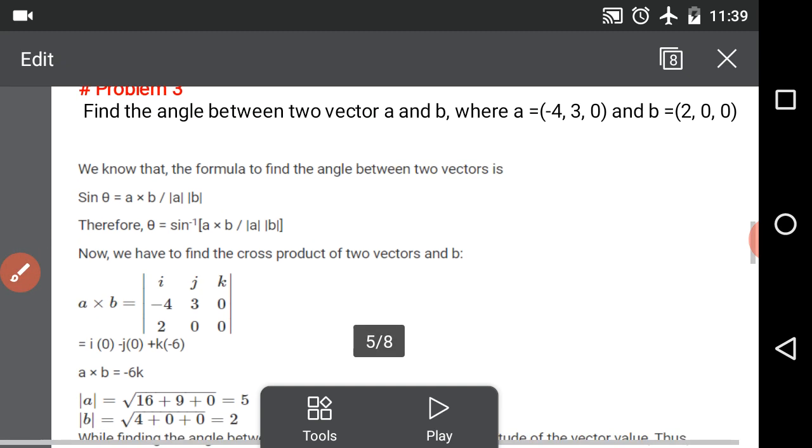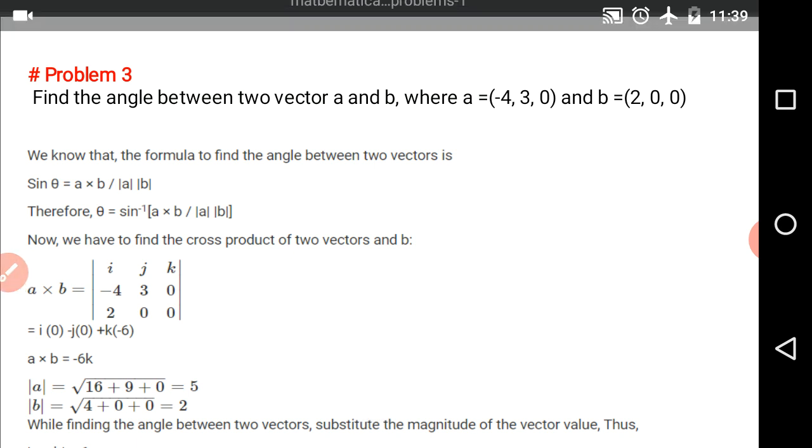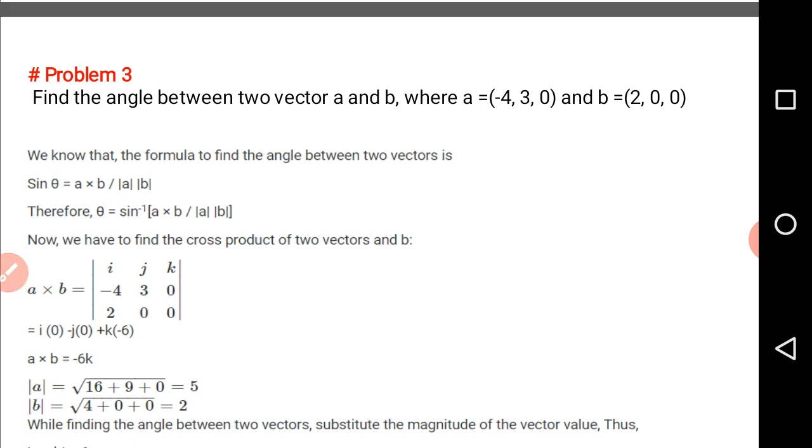Now here we have to use a special characteristic of the cross product. To find the angle between A and B, you can use this formula: sin theta is equal to modulus of A cross B upon modulus of A times modulus of B. So theta will be equal to sin inverse of this term.